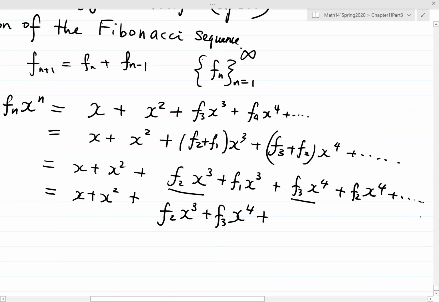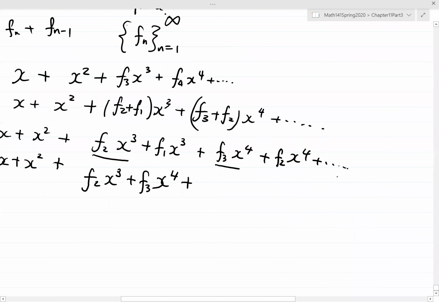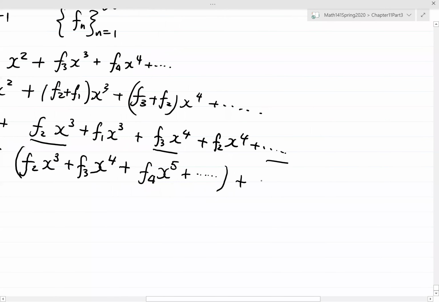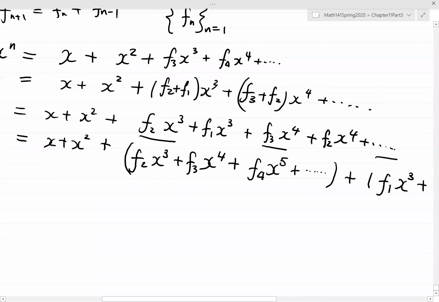Then the next term comes from f4 times x to the 5, plus etc. The remaining terms we group together: f1 x cubed plus f2 x to the power 4 plus f3 x to the power 5, etc. Now this is x plus x squared.